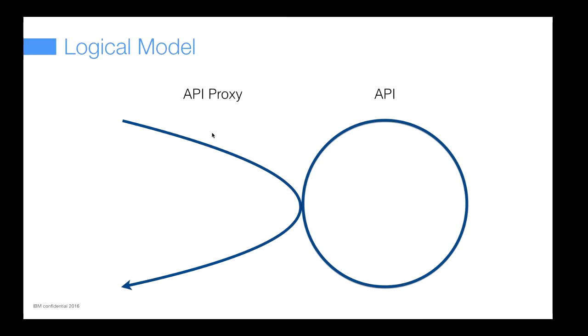And so this diagram is important to understand. Basically, what this on the left represents is the request response path, and on the right is, in this case, your LoopBack API.